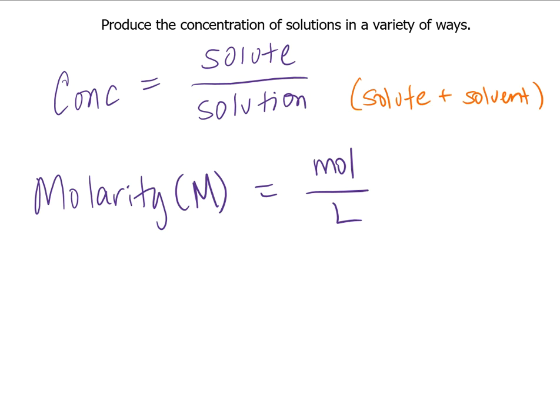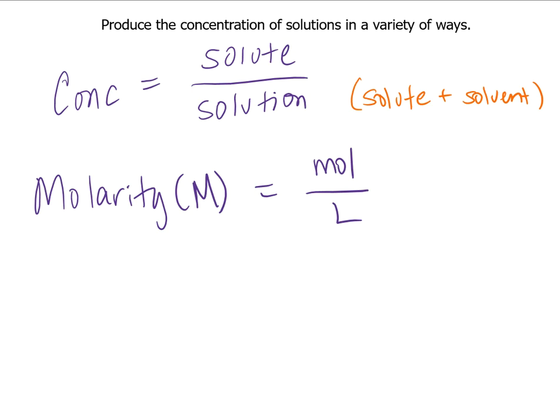And so that capital M for molarity also means moles per liter. The way that you calculate that value is by converting your solute to moles and converting your volume of solution to liters. So not the volume of solvent, but the volume of solution.